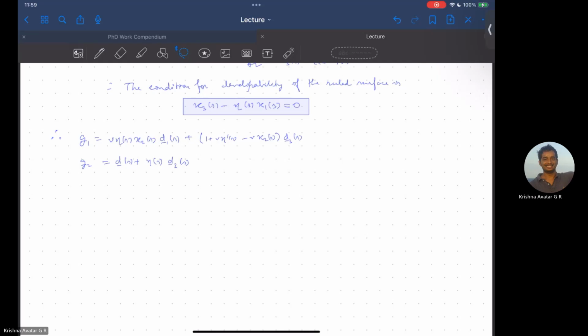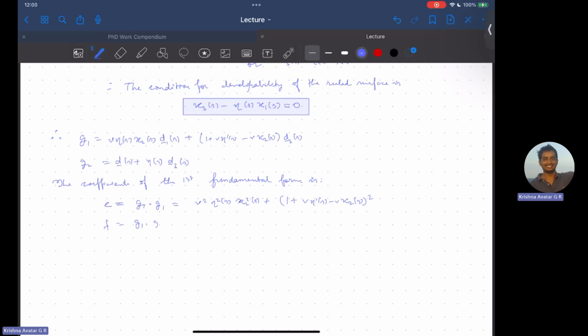The coefficients of the first fundamental form are as follows, with f equal to g1 dot g2.